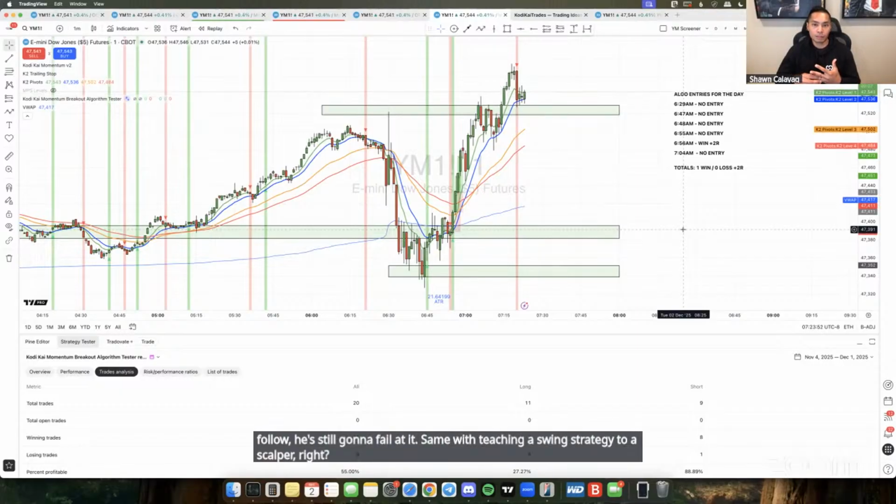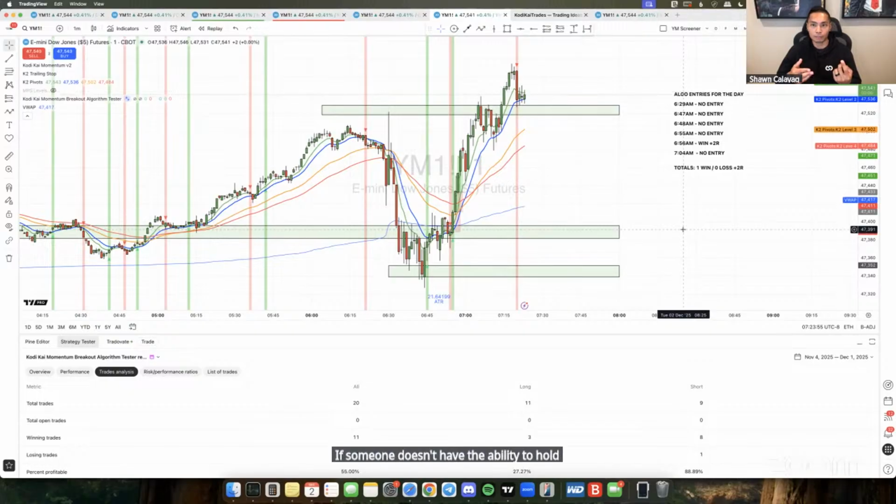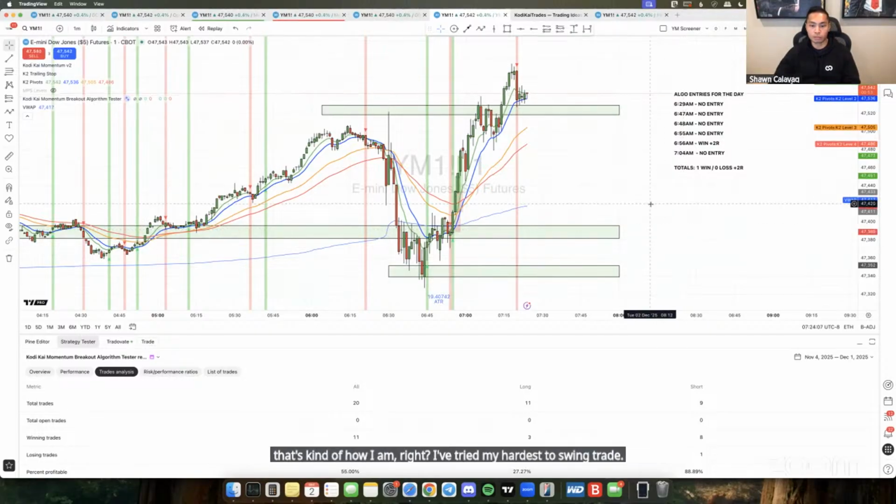If someone doesn't have the ability to hold on to a position for more than a couple minutes, a couple hours, or a couple days, that person's going to fail at swing trading because they're going to be stressed out all day. That's kind of how I am, right? I've tried my hardest to swing trade, trust me, and I just don't like it.